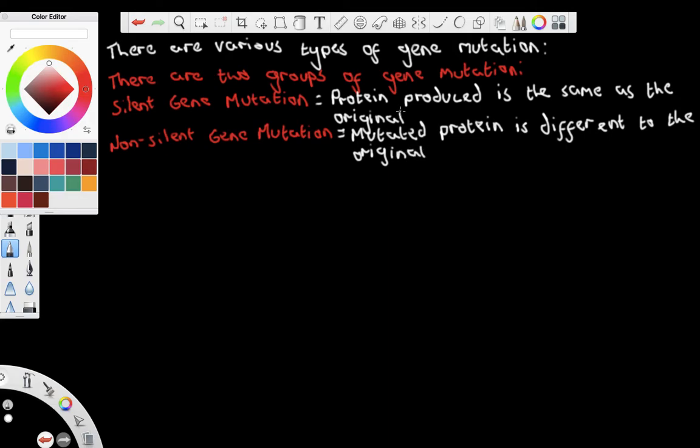Now, if we're thinking about some other different types of mutation, we've got what's known as an addition mutation. This is where an extra nucleotide is inserted, so there is an extra base added to the sequence.